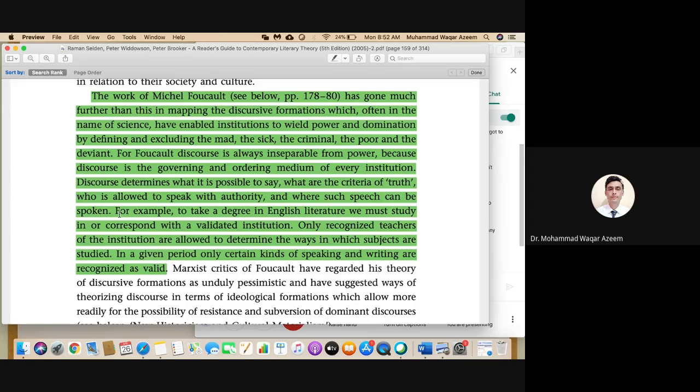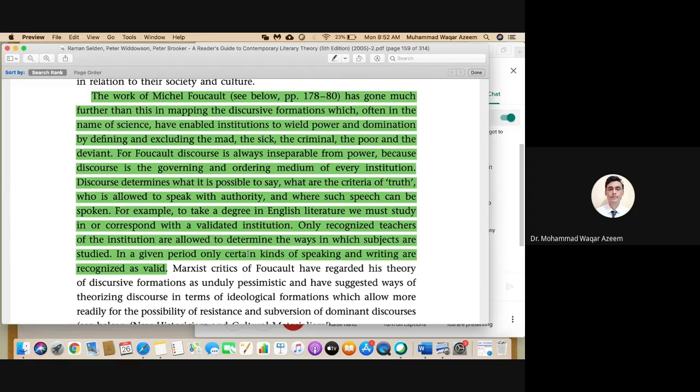For example, and this example is really helpful, so please read it carefully. To take a degree in English literature, we must study in or correspond with a validated institution. Only recognized teachers of the institution are allowed to determine the ways in which subjects are studied.